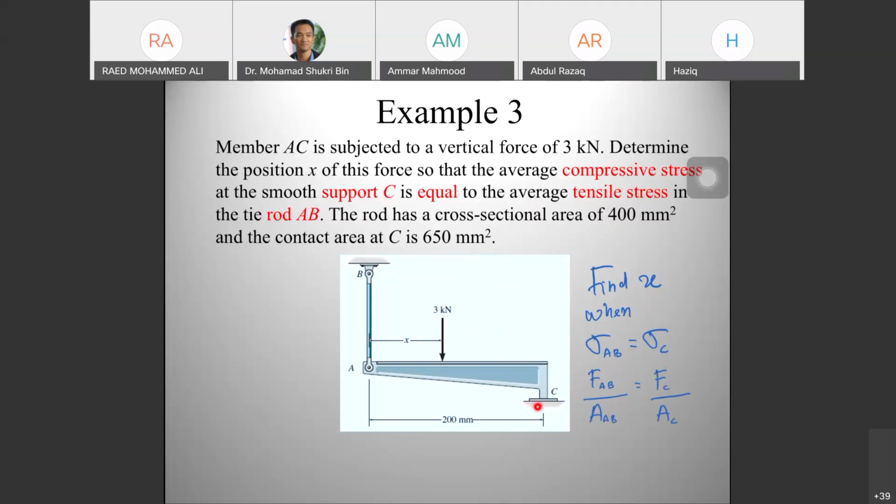So how to do this? We need to draw FBD first for this one, to find what is the force here.